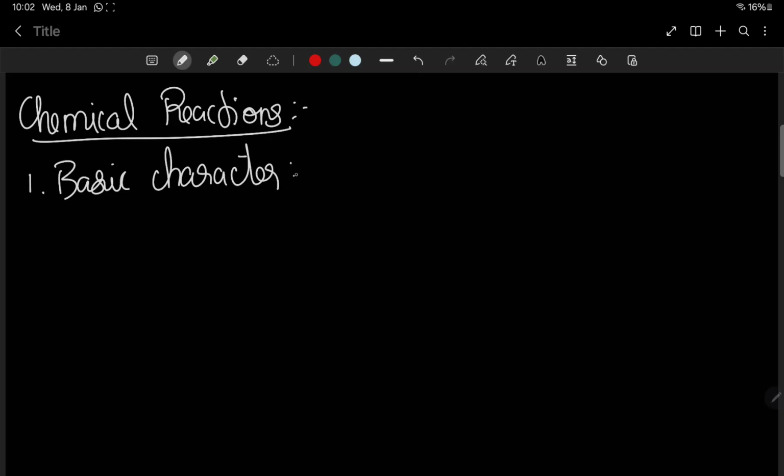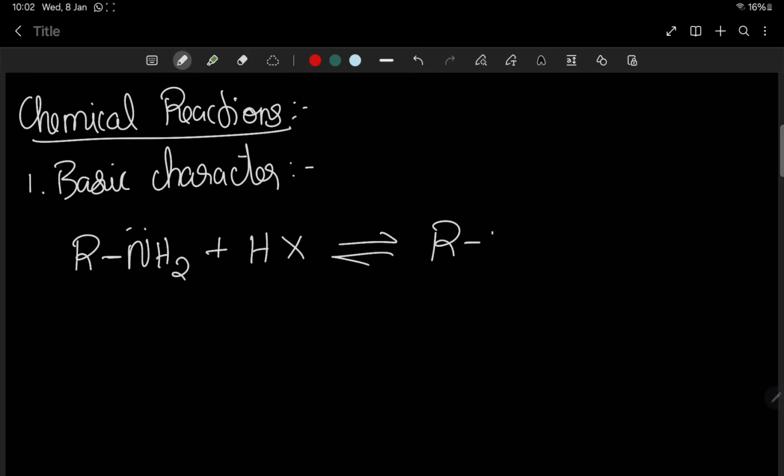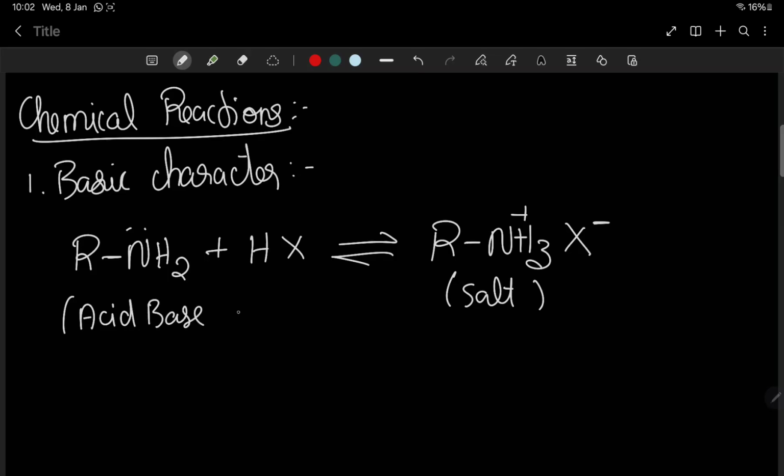We have learned in reaction mechanism that amines can react with an acid, HX, any acid. We get RNH3 plus X minus, a substituted ammonium salt. So we get the corresponding salt. So you know that this is an acid base reaction.